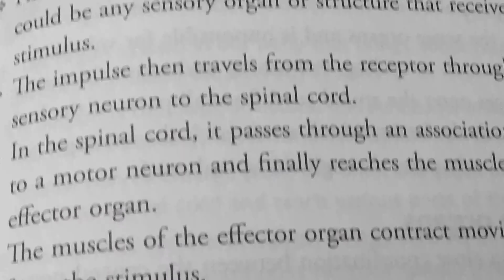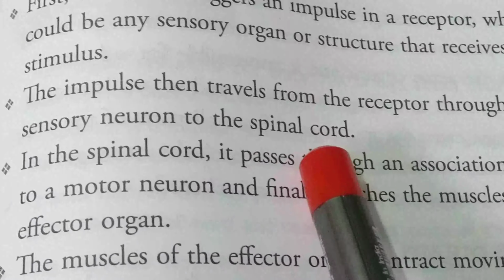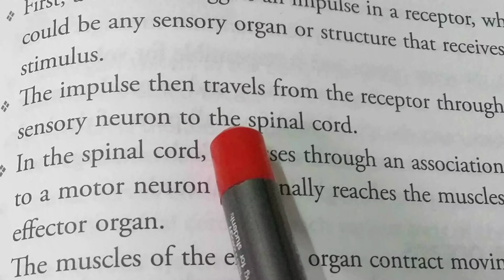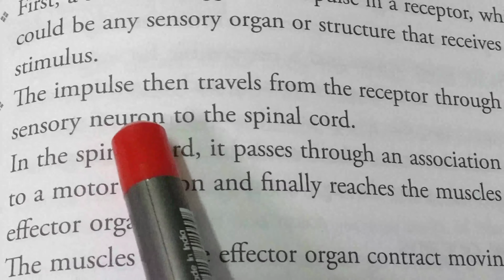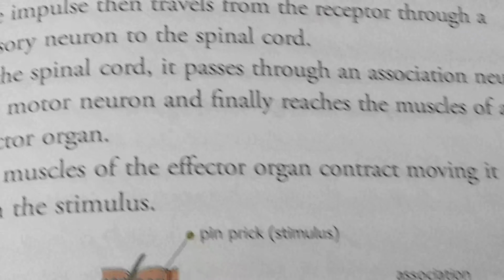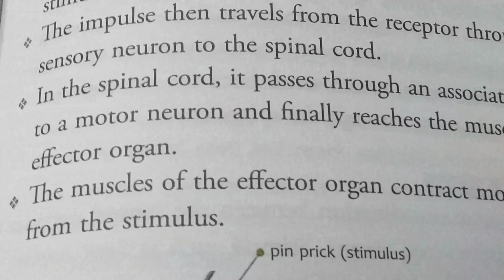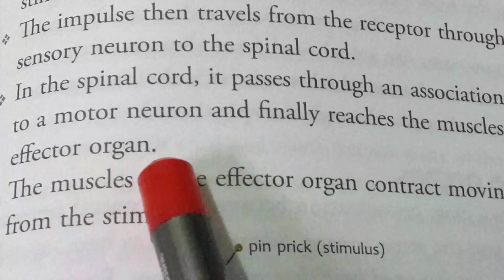The impulse then travels from the receptor through a sensory neuron to the spinal cord. In the spinal cord, it passes through an association neuron to a motor neuron and finally reaches the muscle of the effector organ.